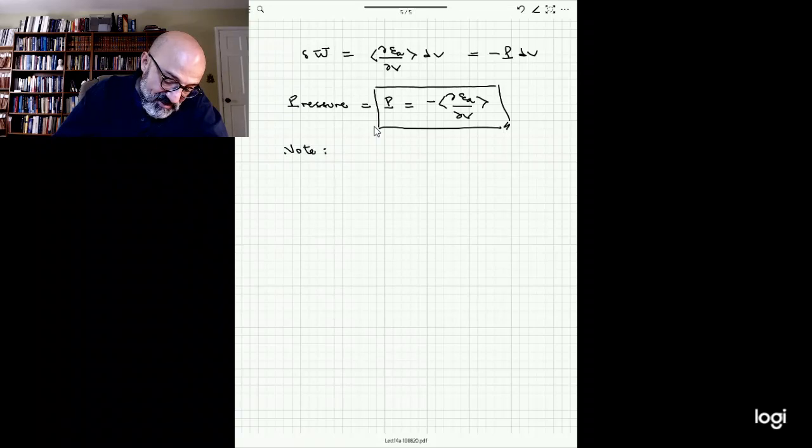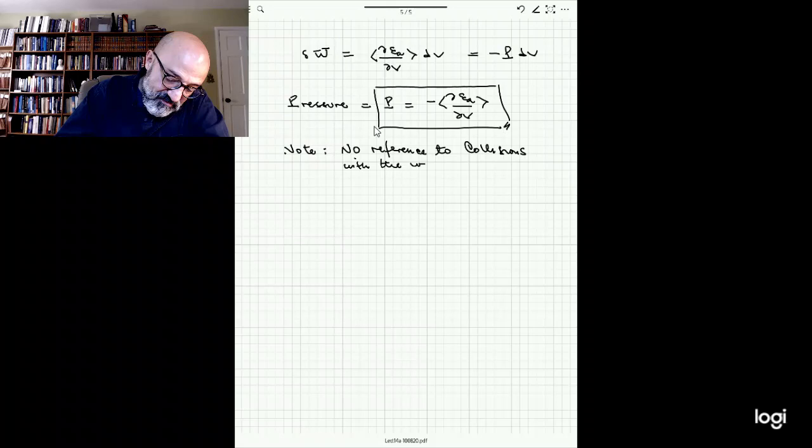Note, however, there is no reference to collisions with the wall of the container.